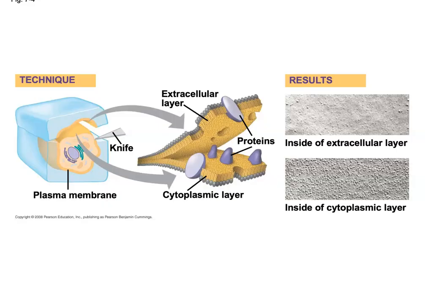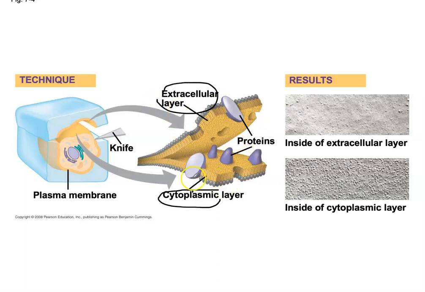If you freeze fracture the cells, there are different types of proteins found within a plasma membrane. Let's assume this is the cytoplasmic side, which means inside the cell, and this is the extracellular side, which means outside the cell.